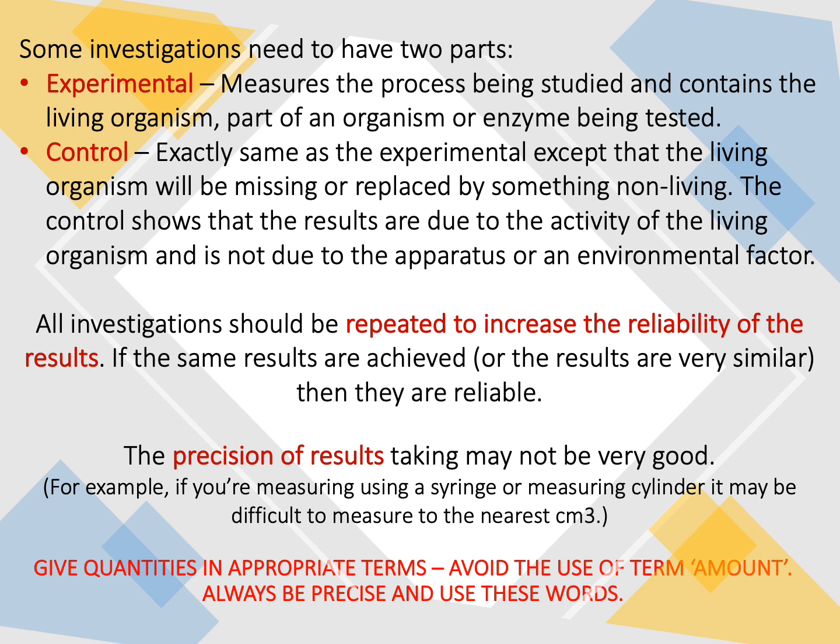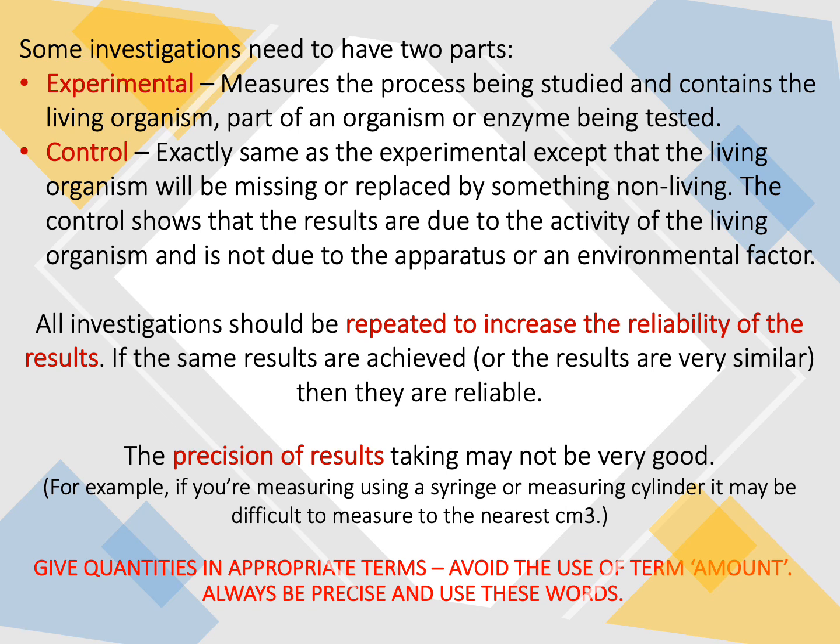Always remember to mention that the experiment or the investigation should be repeated at least 3 times to increase the reliability of the result. If the same or similar results are achieved all the time, then this investigation is reliable. The precision of result taking may not be very good.